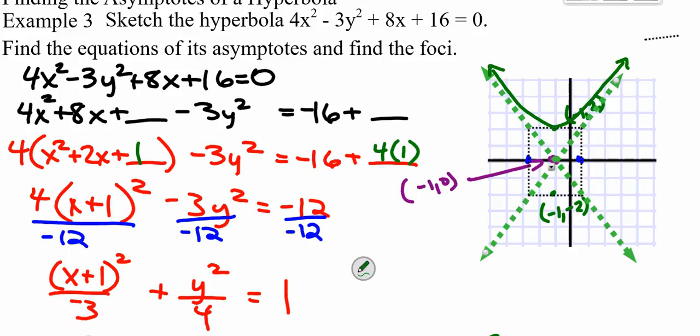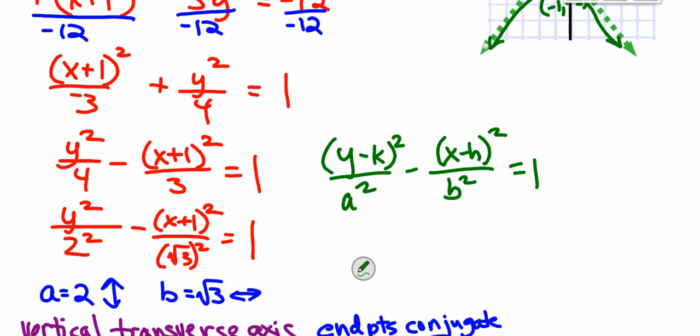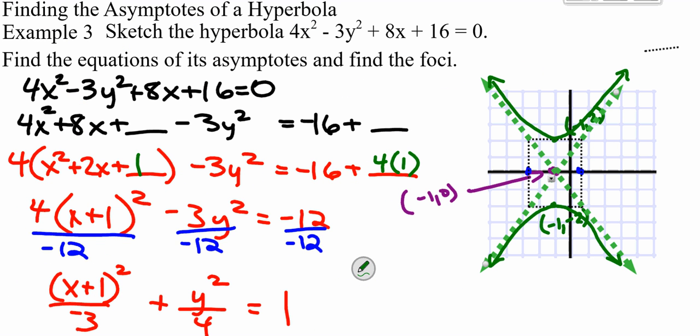So up there. And there's my hyperbola. Two more things we have to do is find the foci and also the equations for the asymptotes. And I think I'm going to just go to another slide and do the equations for the asymptotes.